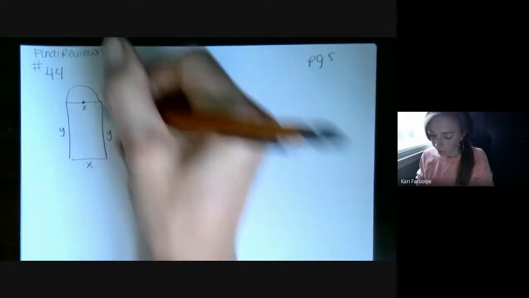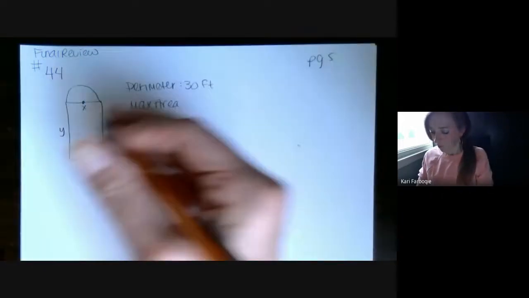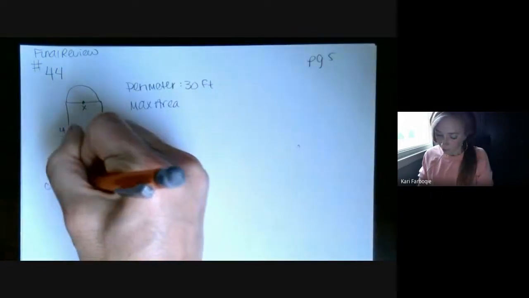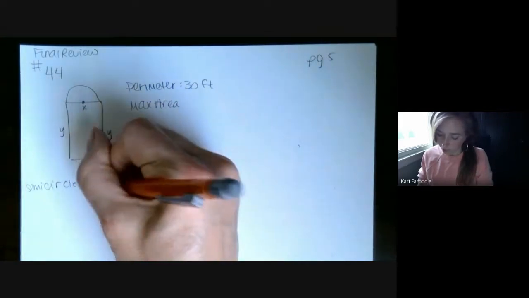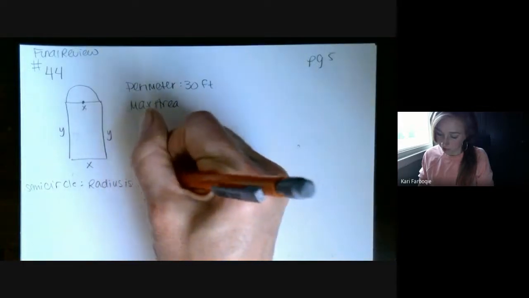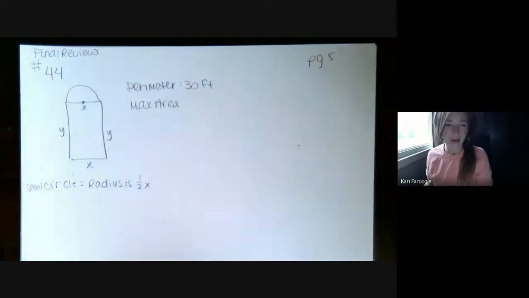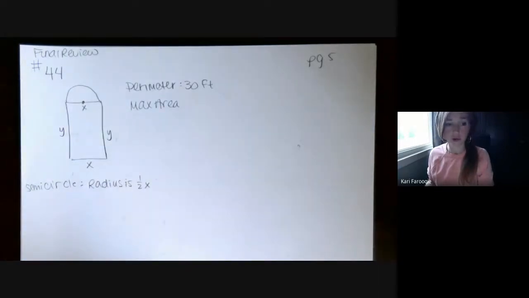Now remember that if the diameter of your circle is X, then the radius is X over 2. So if you're thinking of your semicircle, the radius is 1/2 X in that case, just half that distance across.